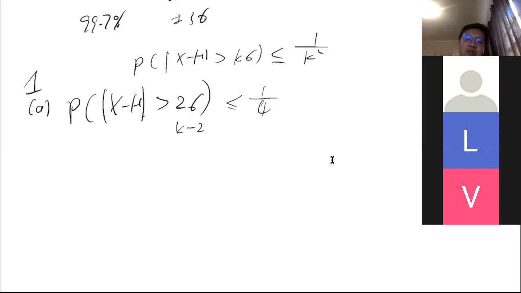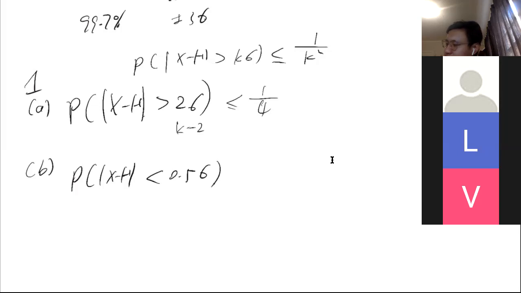So we can say that we approximate by 1 over 4 because we know that it's less than or equal to 1 over 4. For the second question, you want to approximate the probability that |X minus mu| is less than 0.5 times sigma. Chebyshev also says the probability that |X minus mu| is less than or equal to k sigma is greater than or equal to 1 minus 1 over k squared.